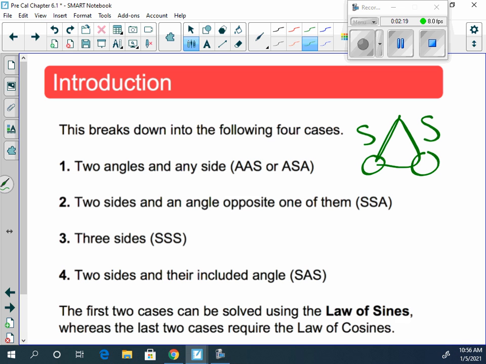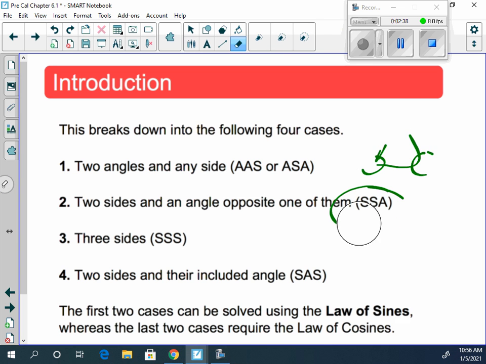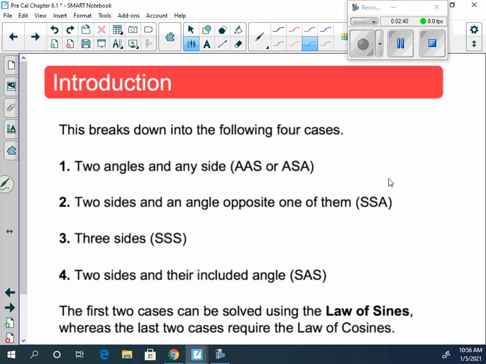We're not going to get the one in the middle, but we're given one of the 2 angles. Now, if you remember back from geometry, side-side-angle was not a congruency statement or similarity. It just didn't work because we could set up 1 triangle, 2 triangles, or no triangle. So this one here is really where law of sines gets tricky.